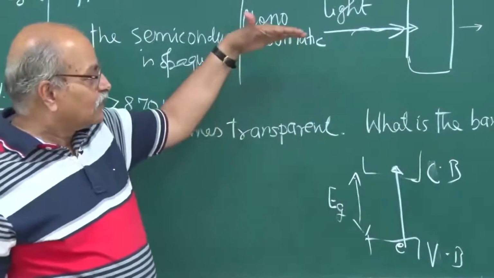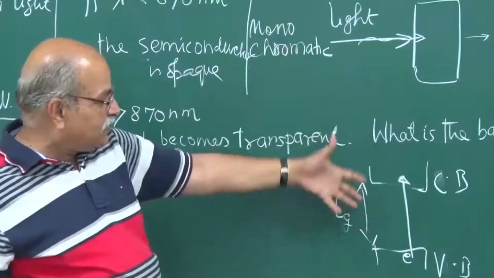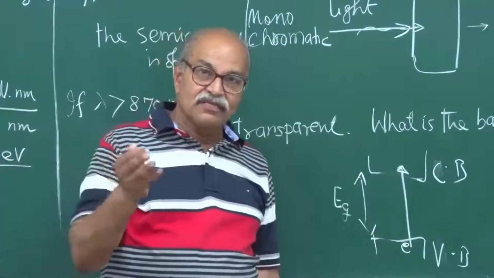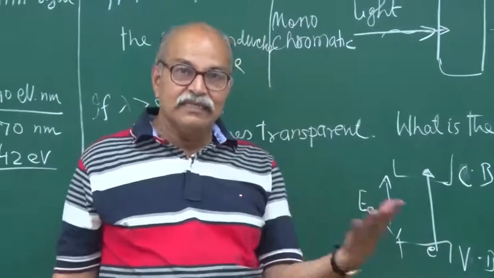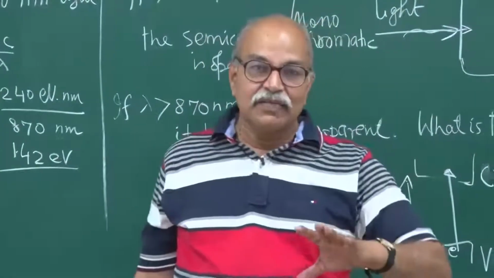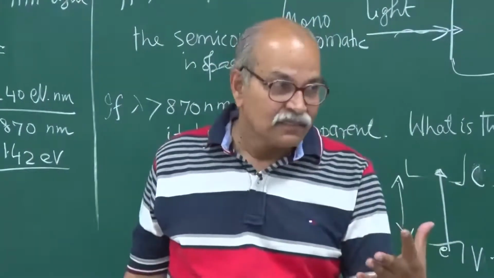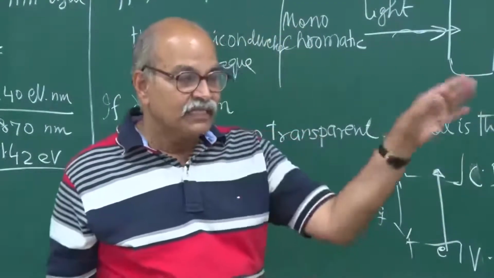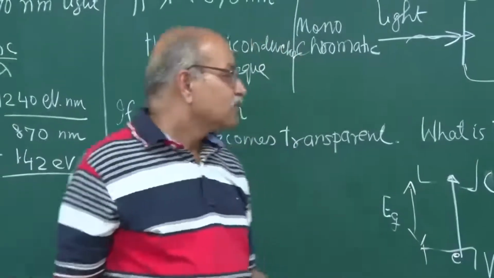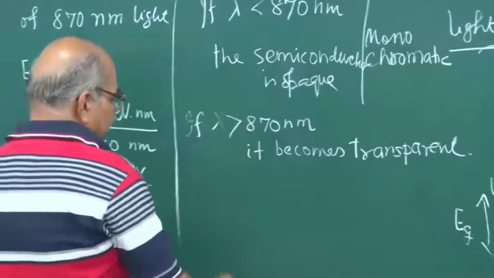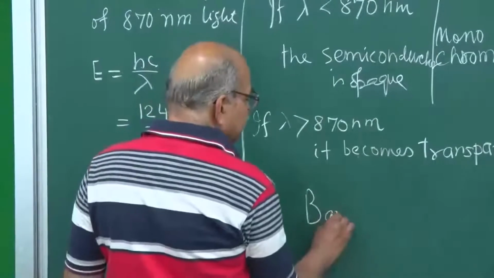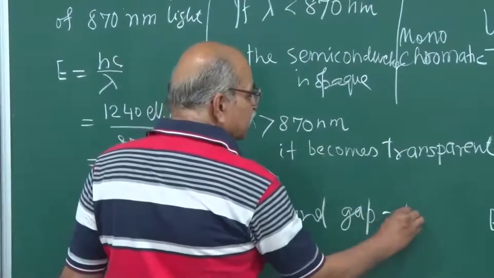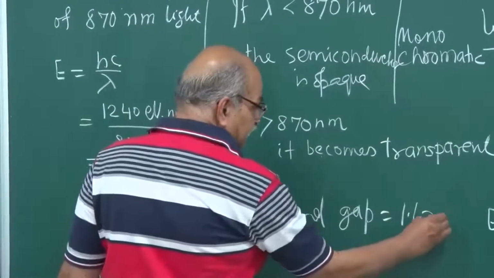So this is one way of getting an estimated band gap: you send light on this semiconductor and see at what wavelength it changes from opaque to transparent or transparent to opaque, depending on whether you are increasing or decreasing lambda. So our answer will be that the band gap is 1.42 eV.